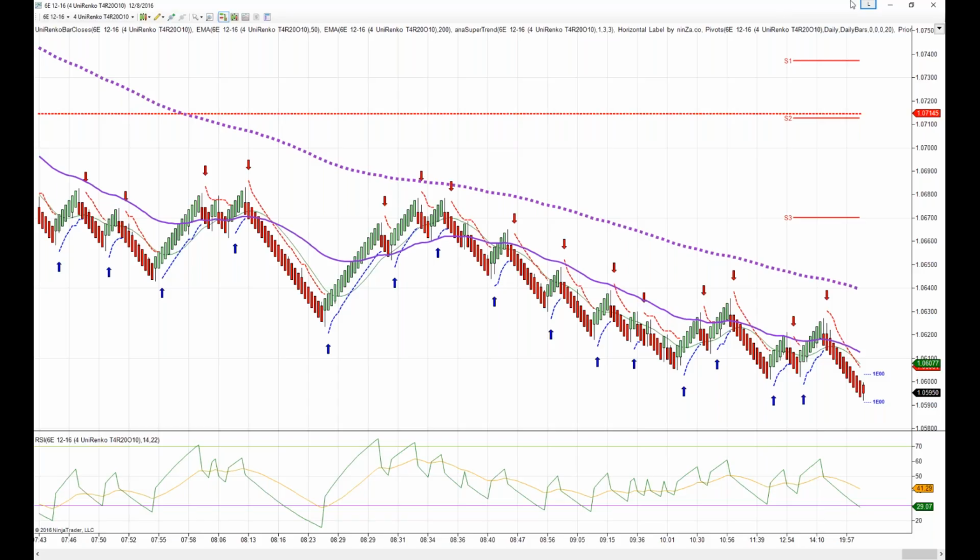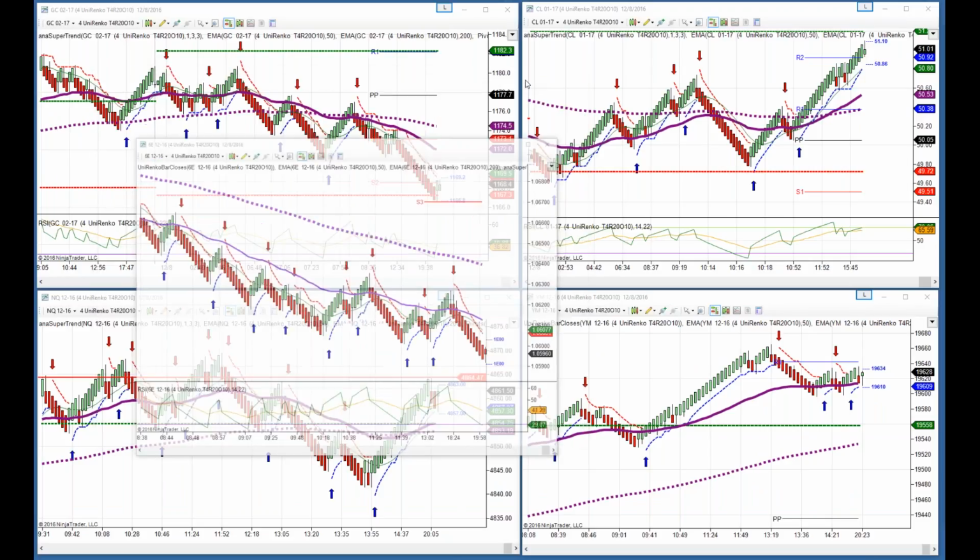I'd be looking for a red arrow to sell. Now, we already have a red arrow, so this could retrace and then move again without giving us another red arrow. Okay? Just so you know. So we already have one. It could retrace up and then fall without giving us another arrow. Okay, so that's something we need to watch for, okay?